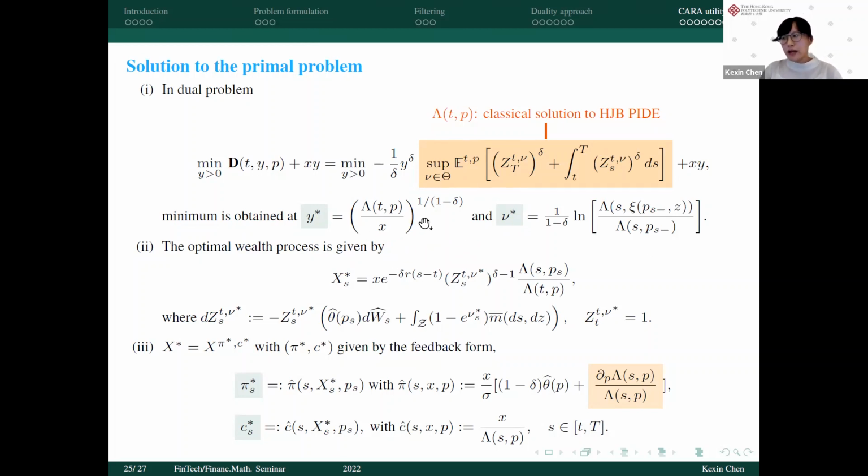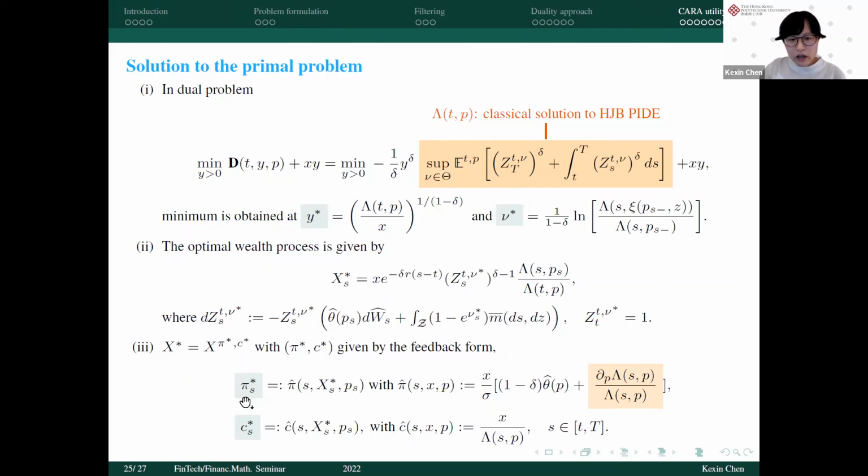Given this, and by using arguments of Davis's result, we can derive the optimal wealth process, X star, in this form, where it also involves the solution lambda and also the Z_t nu star defined with this one.